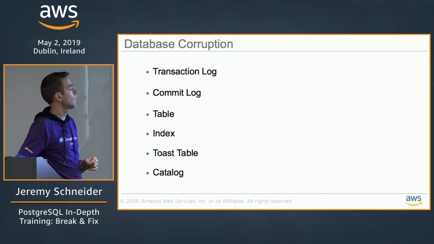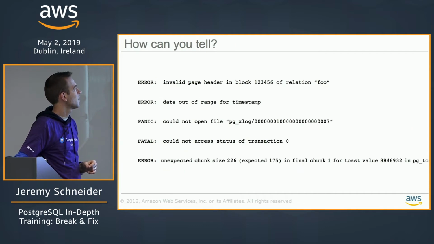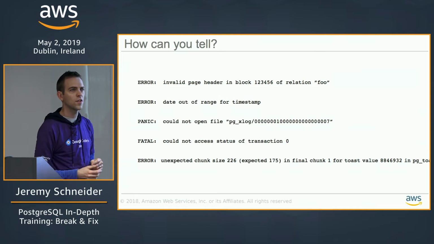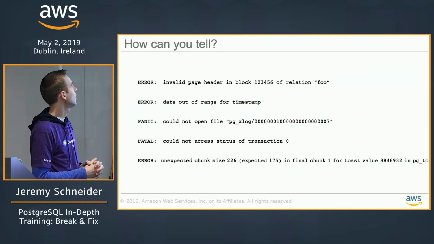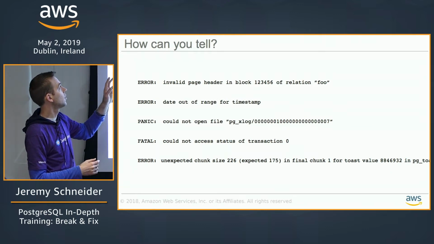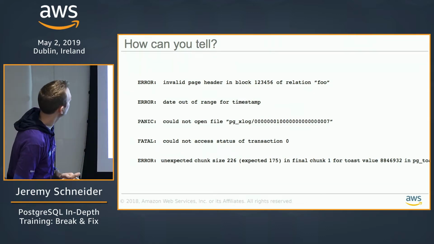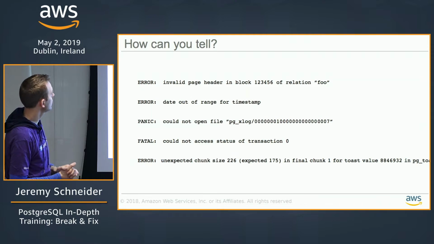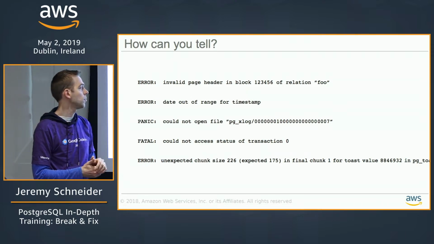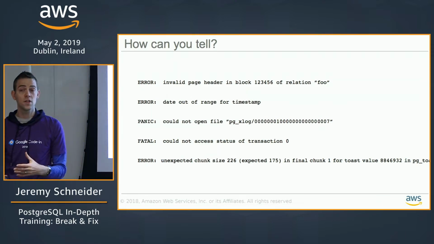So how do you know when you have a corruption? What does it look like? Well, here's a couple examples of things that you might see. You might see something like invalid page header in this block. Something else you might see, there's not an example up here, is invalid checksum.